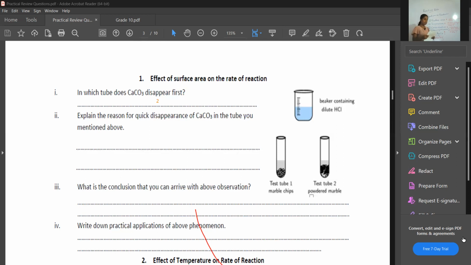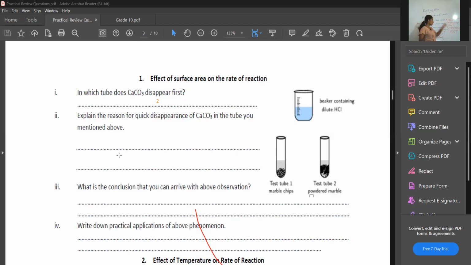Then explain the reason for the quick disappearance of calcium carbonate in the tube you mentioned above. We have to give the reasons. You can explain it like this: in the powdered form, the surface area is more, so there are more collisions, so the reaction rate is high.